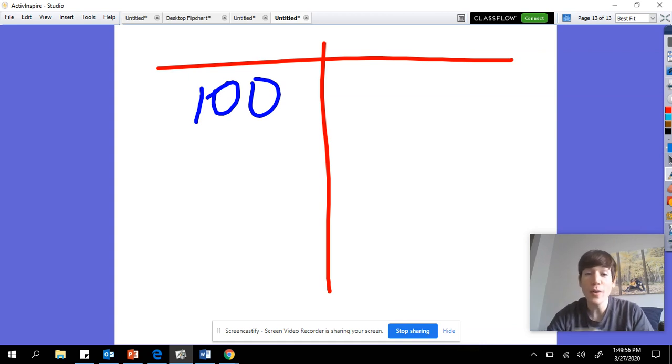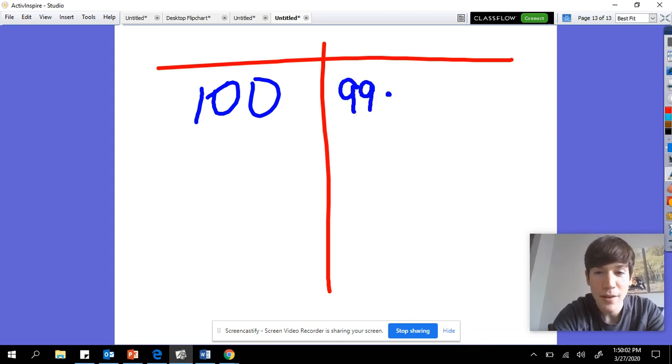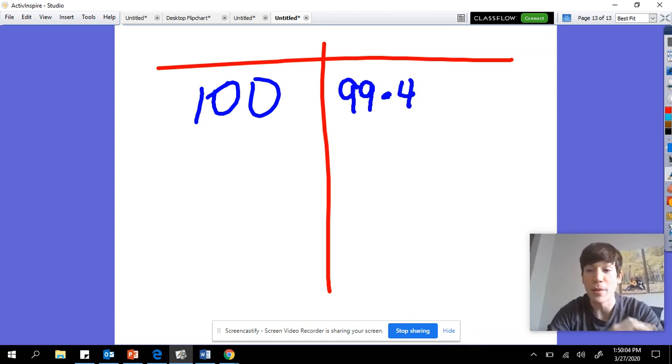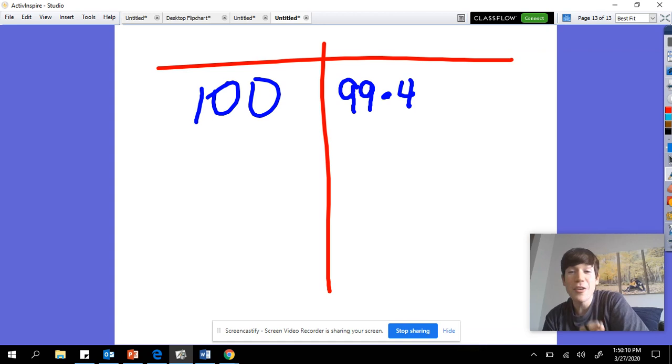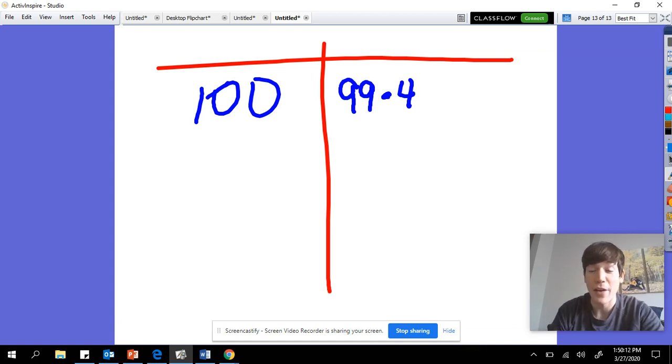Well, I know in order to get from day 1 to day 100, that is going to be 99 times, because each time we go up a day, we're adding 4. So from day 1 to day 100, that's going to be 99 times that I'm going to have to add 4.